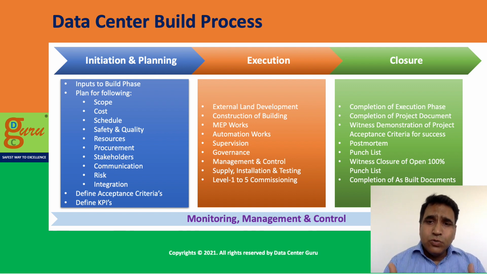During the initiation and planning phase, you define the detailed scope and work out the detailed costing, the schedule, the detailed plan for safety and security, the detailed resource plan and overall project organization, and the detailed procurement plan, meaning how the different items, systems, and subsystems are going to be procured at different stages of time.